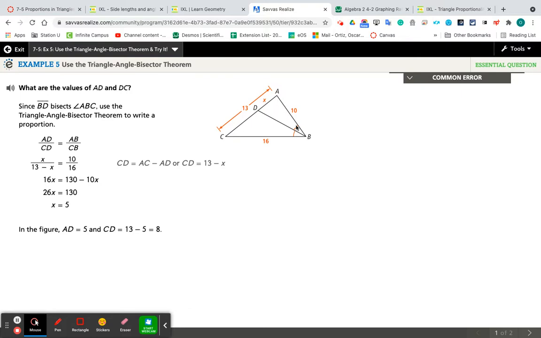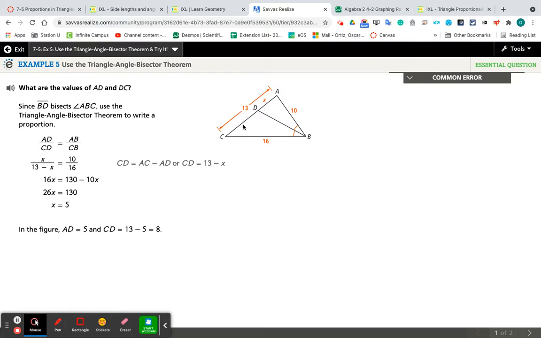So in this case, I'm saying AD is to CD, and now we're going to put at the bottom AB, the one right here. AD, CD, and then the side that is with AD is AB. Those are the two segments that are on the same side of the bisector, and CD and CB are the two segments that are on the other side of that bisector.